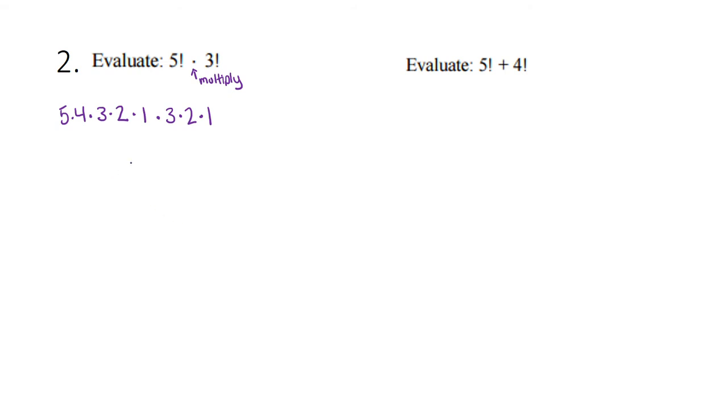Okay, so your answer for number 2 is 720. Hopefully you got that. And your answer for the second question on the screen, this time we've got to add our 2 factorials, and you should have 144.